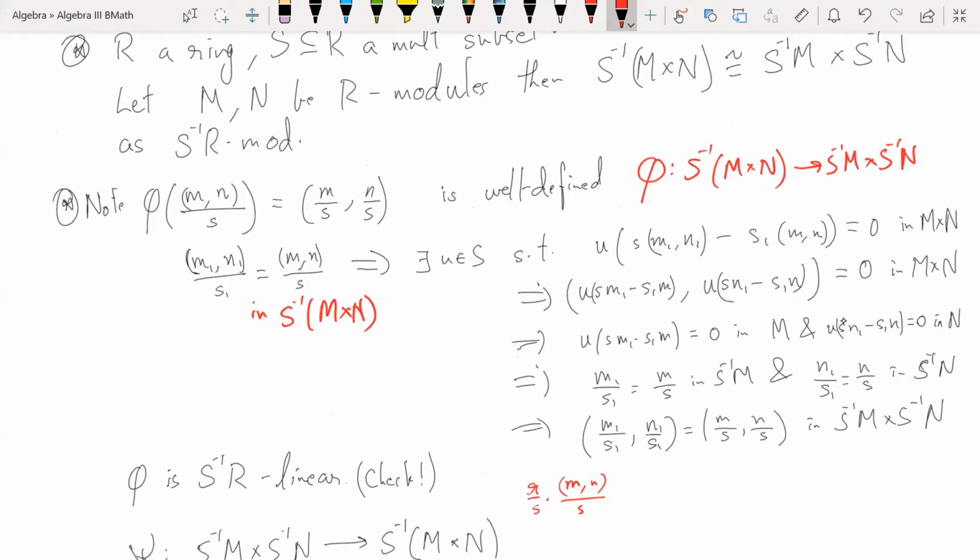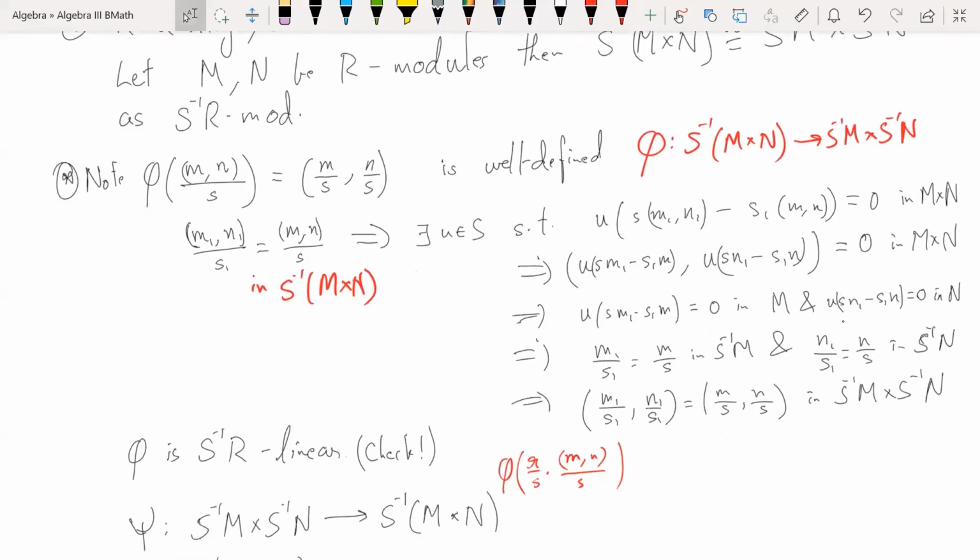There is an S inverse R module structure on S inverse M cross N, and we want to show that phi of this is the same as what we get by pulling out this scalar, because S inverse M cross S inverse N is also an S inverse R module, since both S inverse M and S inverse N are S inverse R modules.